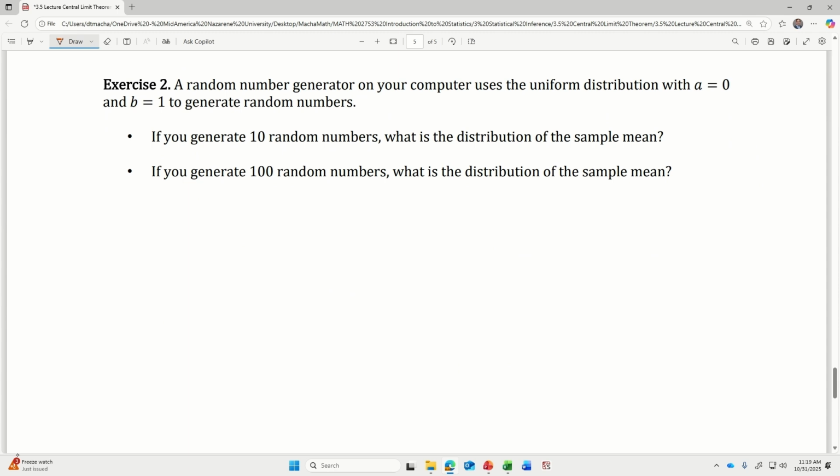Last example today. A random number generator on your computer uses the uniform distribution with a equals 0 and b equals 1 to generate random numbers. If you generate 10 random numbers, what's the distribution of the sample mean?